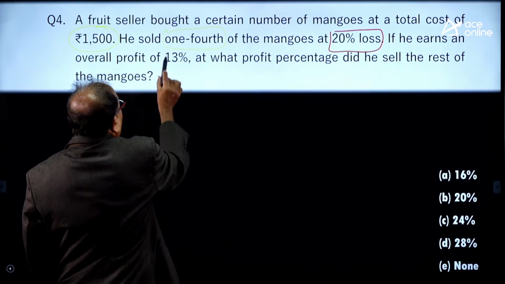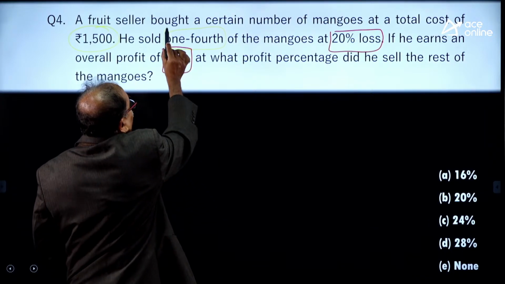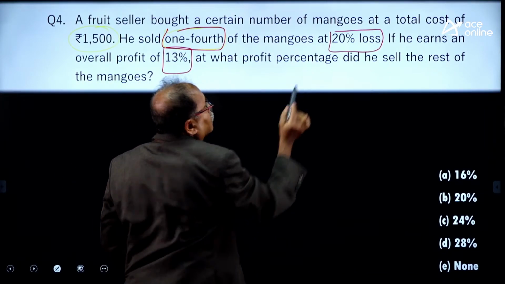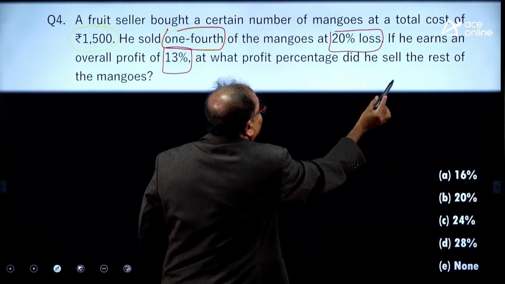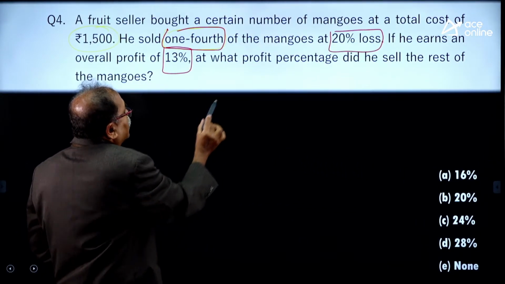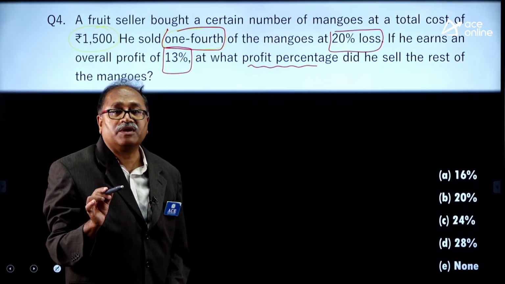He earns an overall 13% profit. In 1/4 there is a loss of 20%. At what profit percentage did he sell the rest of the mango?